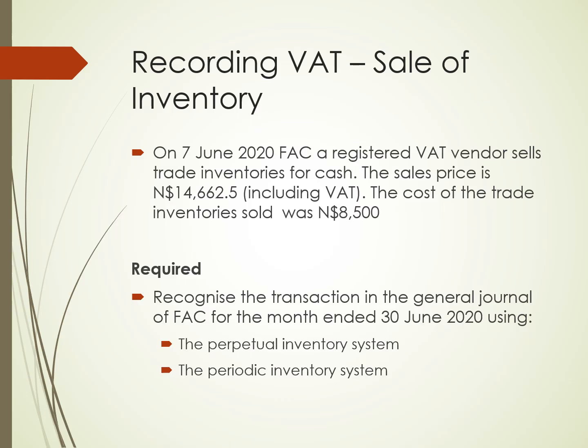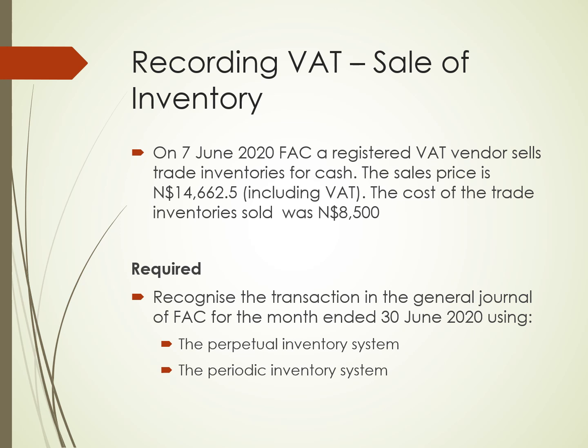The second transaction we're going to look at is recording the sale of inventory. The scenario is as follows. On 7 June 2020, FAC, a registered VAT vendor, sells trade inventories for cash. The sales price is 14,662.5 Namibian dollars, including VAT.